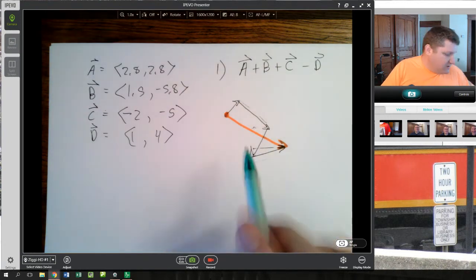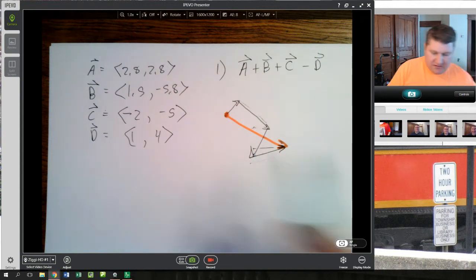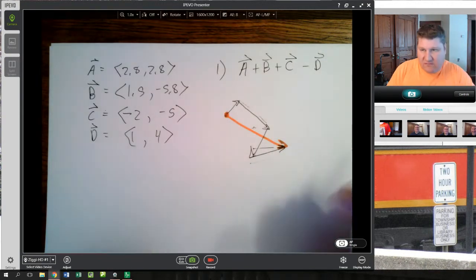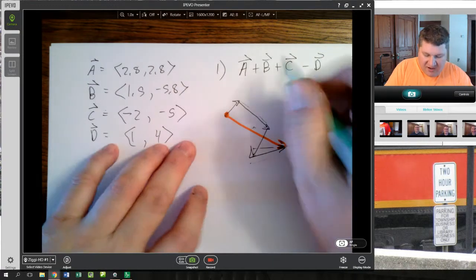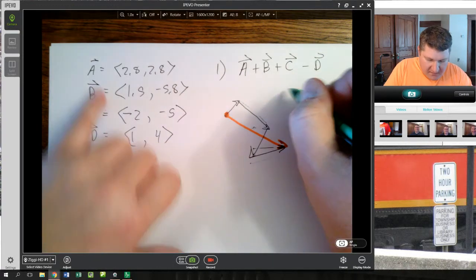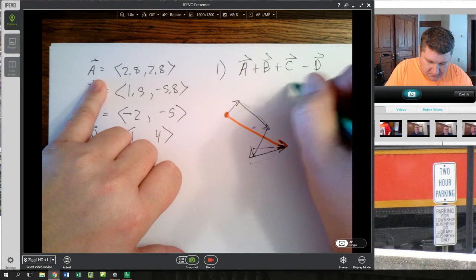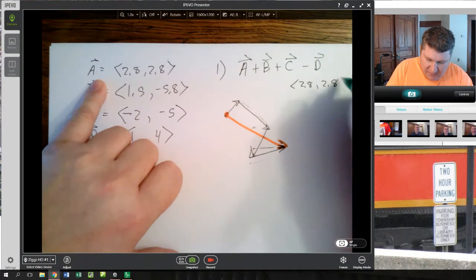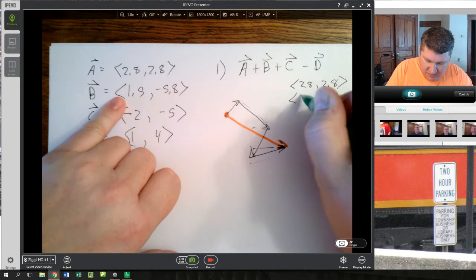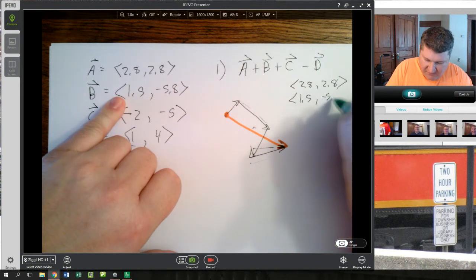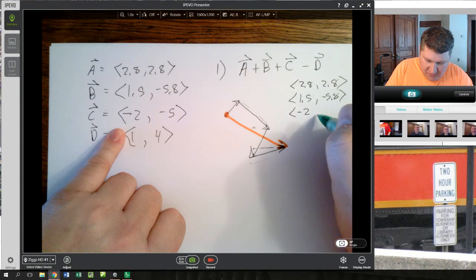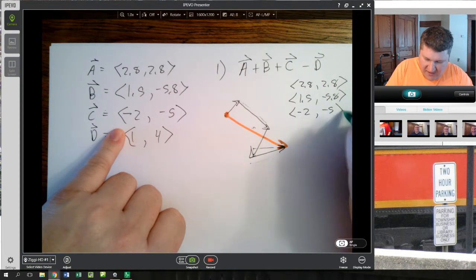You would not want to do that using this method because it would take at least 3 laws of cosines and 3 laws of sines. But in our case, it's super easy. Let's take a, 2.8 comma 2.8, plus b, which is 1.5 comma negative 5.8, plus c, negative 2 comma negative 5.